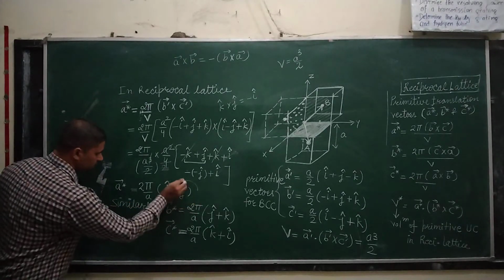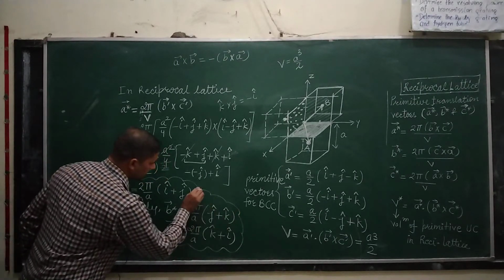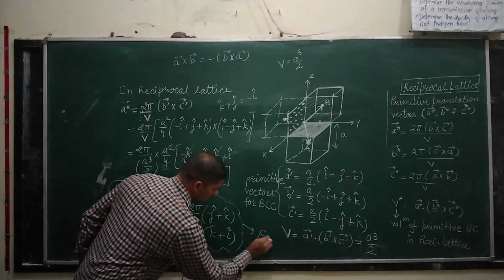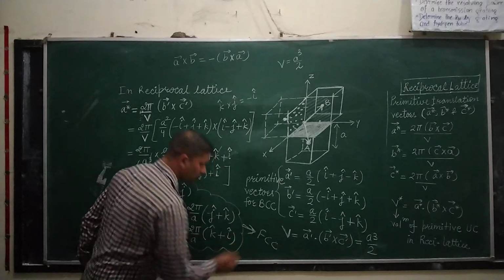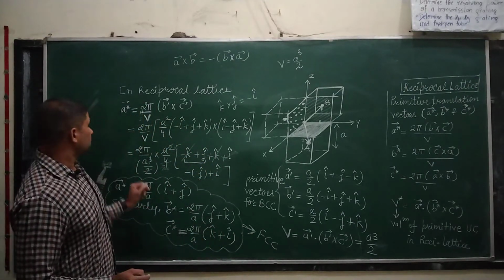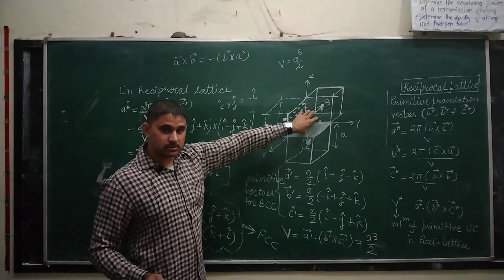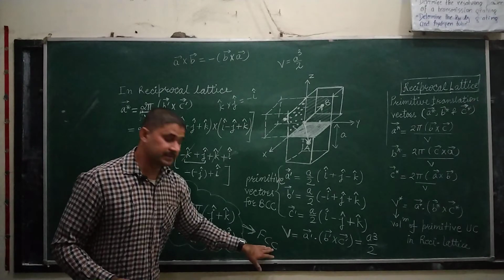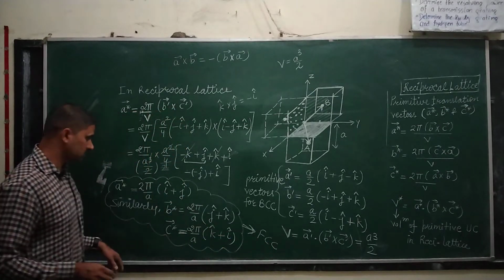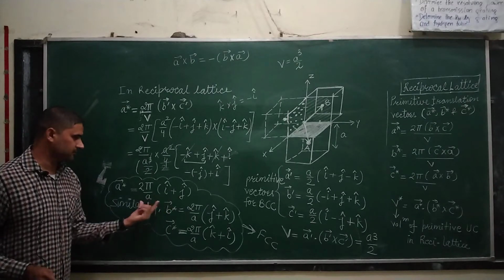So if you see it geometrically, then it will be FCC. So in a line I can summarize that in reciprocal lattice the body centered cubic will be a face centered cubic of side magnitude you can take from here.